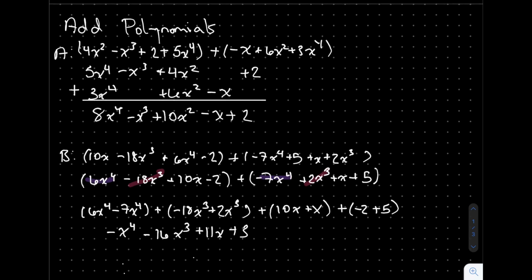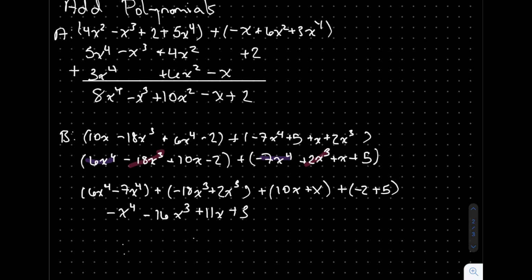Now, one important thing to note, the sum of two polynomials is always a polynomial. When you add or subtract, you will always have some combination of coefficients and variables to various exponents.